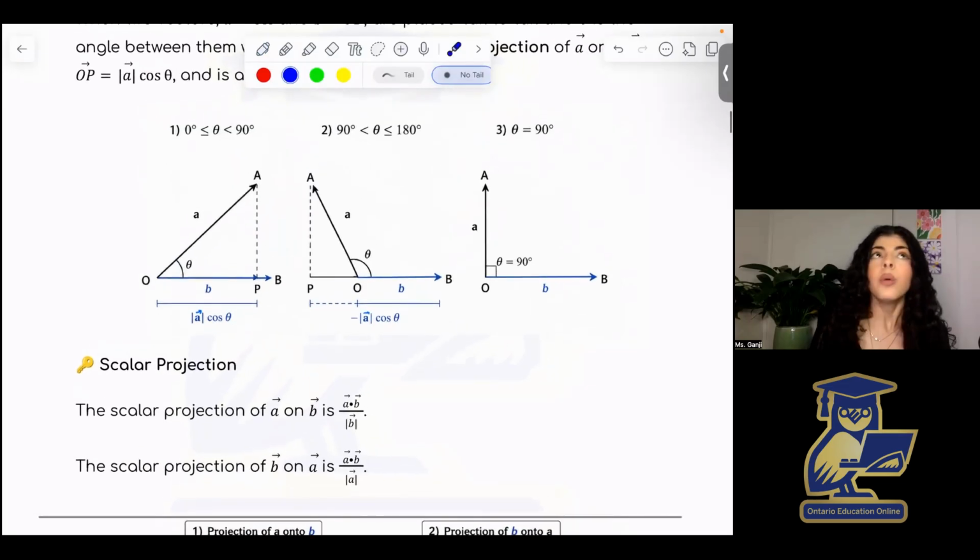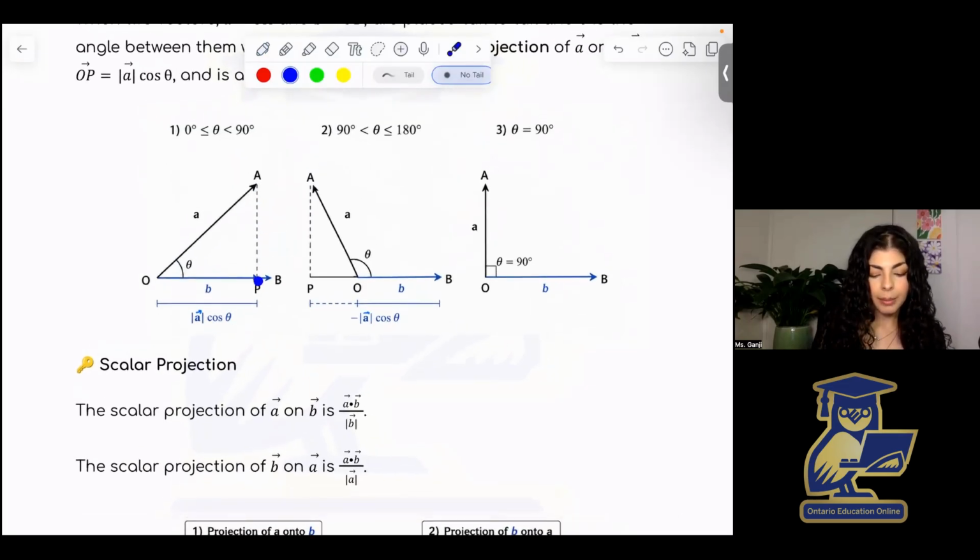What this is doing is just drawing that perpendicular line and determining the magnitude of the line formed from point O, which was their common tail, and the point on vector B where it intersects with this line. So again, this is a right angle.